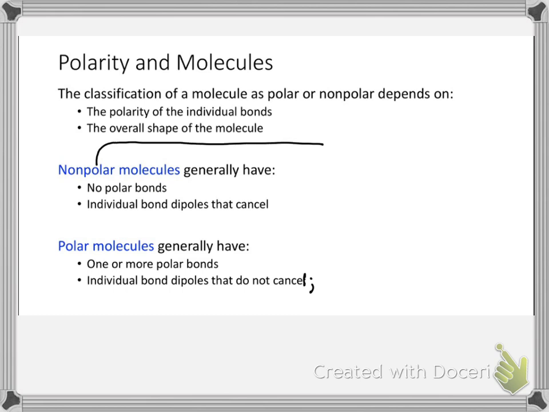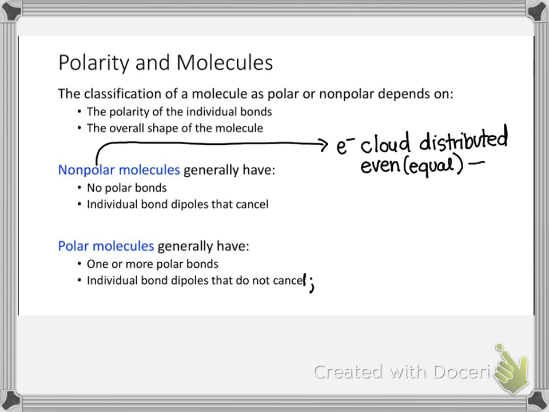Nonpolar means that the electron cloud is distributed evenly. I don't want you to think that means they each have the same number of electrons. It's the cloud where the electrons are. Because nonpolar means equal, think of it as equally or evenly distributed.